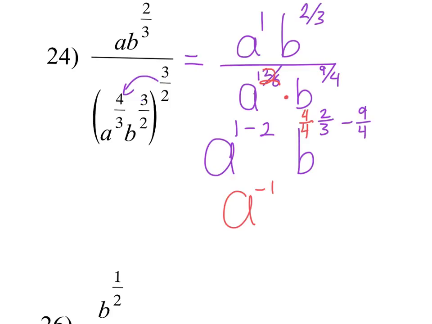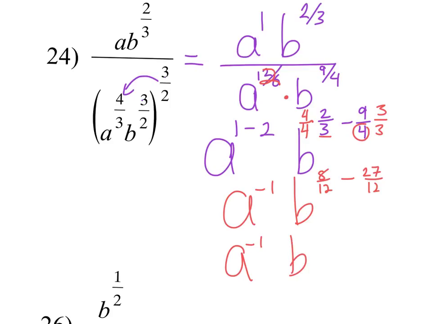I'm going to multiply the 1 left by 4/4 and the 1 on the right by 3/3. And I end up with b to the 8/12 minus 27/12. Okay? So we end up with a to the -1, b to the 8 minus 27 is -19/12.